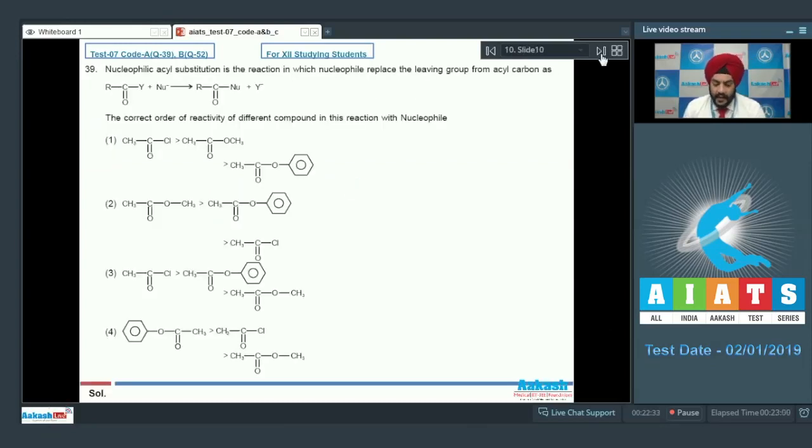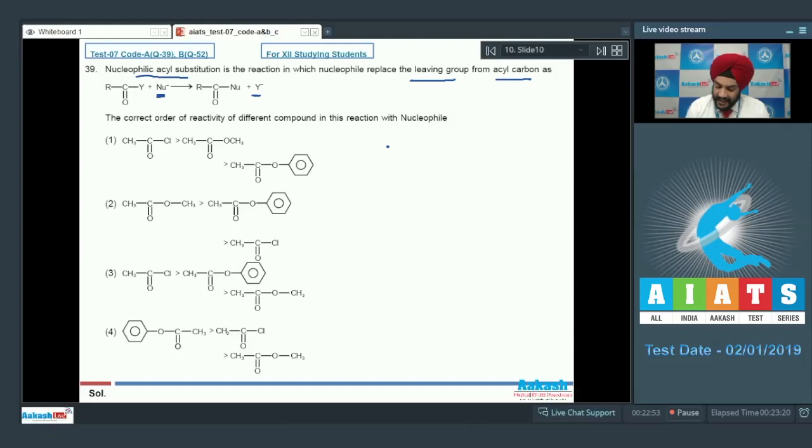Question number 39. Nucleophilic acyl substitution is the reaction in which a nucleophile replaces the leaving group from acyl carbon as depicted below. So the Nu minus has replaced the Y minus from the substrate. So the examiner seems to be interested in the correct order of reactivity of different compounds in this reaction with the nucleophile.